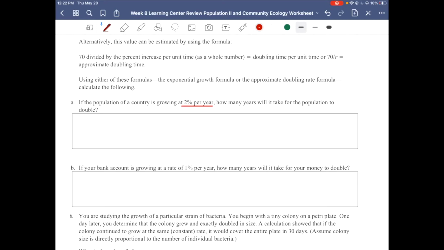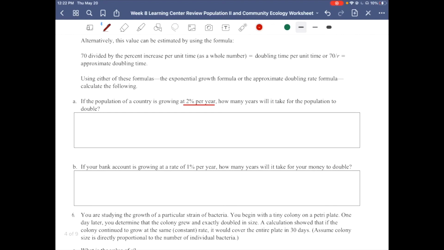For this, we know that we have 70 already, given in the question. They're saying that the doubling time is 70 over R. And in this question, they tell us that R is 2%. So the doubling time equals 70 over R, and we know R is given right here.